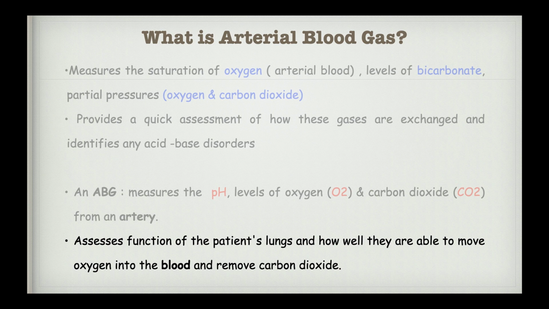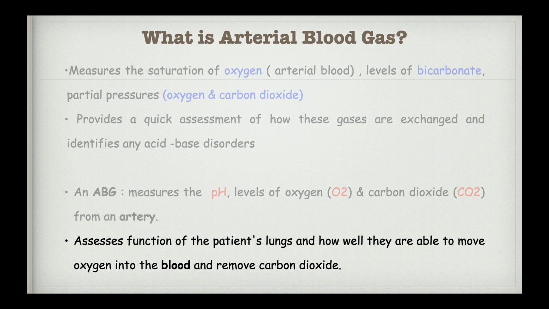Now, there are a lot of methods which exist in literature to guide the interpretation of arterial blood gases, but I will not cover all those methods. However, I will present a logical and systematic approach to enable you to make a much easier interpretation of the arterial blood gas.